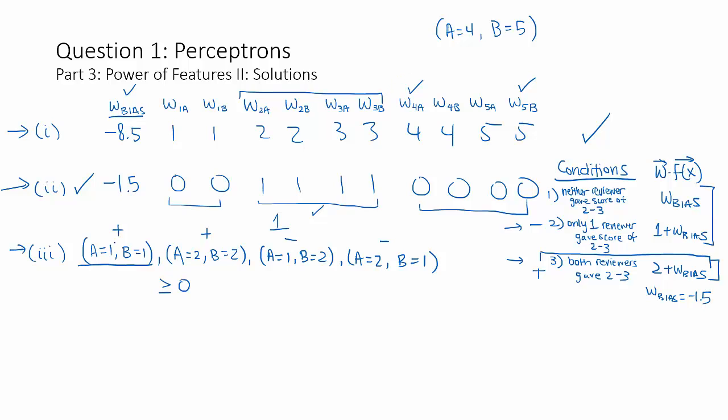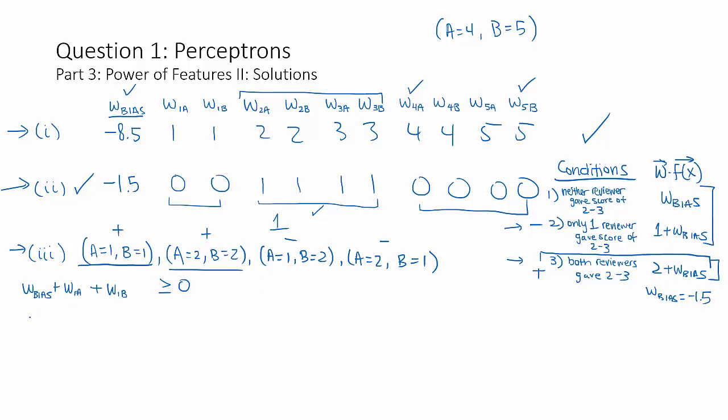The terms that are on here are the bias term, which has the weight of the bias times the feature of the bias. Well, the feature of the bias is always 1, so we can ignore that. Then we have the weight subscript 1a times the feature subscript 1a. Well, the feature is an indicator feature, so we don't need to include that. Similarly, we have the weight subscript 1b. And this has to be greater than or equal to 0.